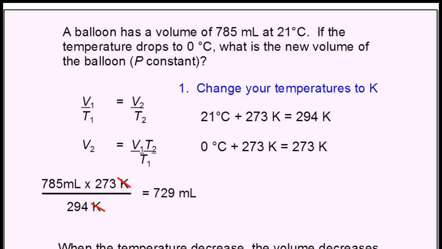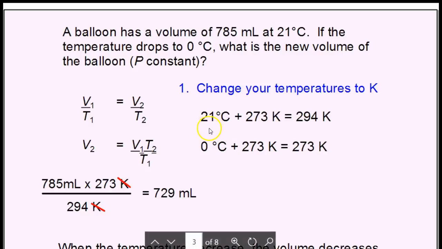So the very first thing that we need to do is we know that Charles' law needs to be solved in Kelvin. So we have to change 21 degrees Celsius to Kelvin. And changing to Kelvin is really easy. You're just adding.